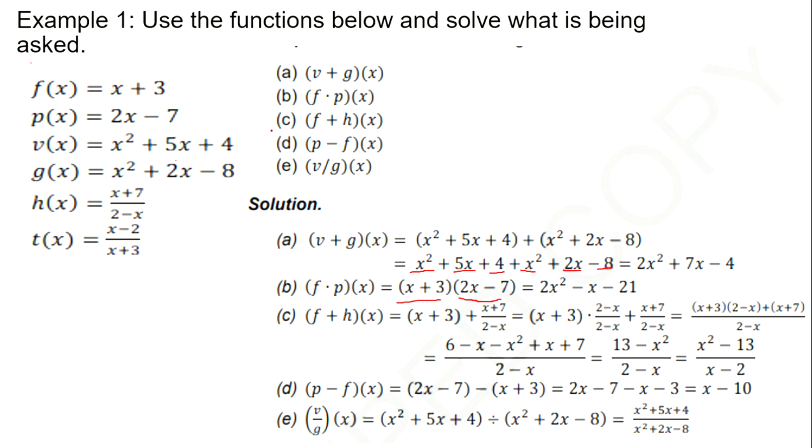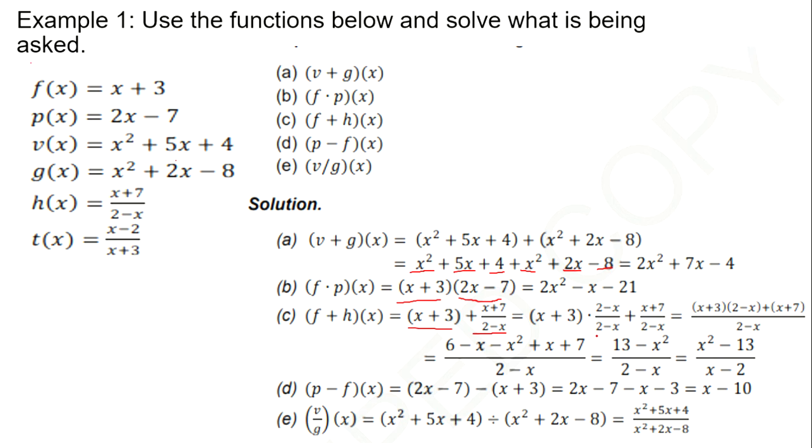For letter C, we have the sum of f and h of x. The value of f(x) is x plus 3, and the value of h(x) is x plus 7 over 2 minus x. Getting the LCD, we have 2 minus x.